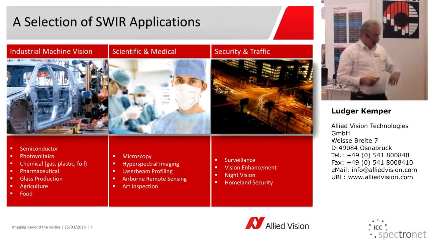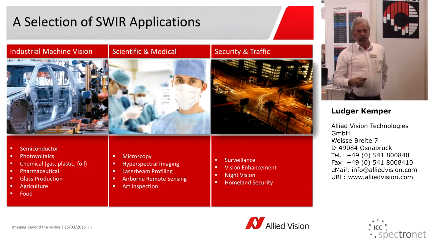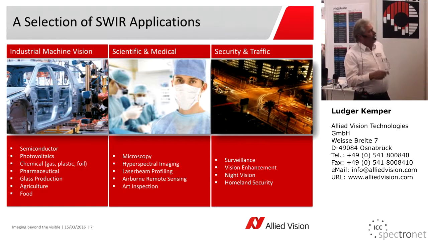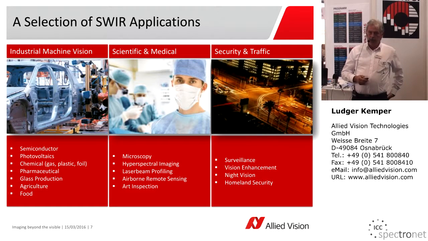Here you see an overview of different applications where you can use SWIR cameras. In industrial machine vision, you have the semiconductor industry, photovoltaic industry, also chemical, so gas, plastic, and fill level detection. Pharmaceutical, you have it in quality control there, glass production, agriculture, and also in food.